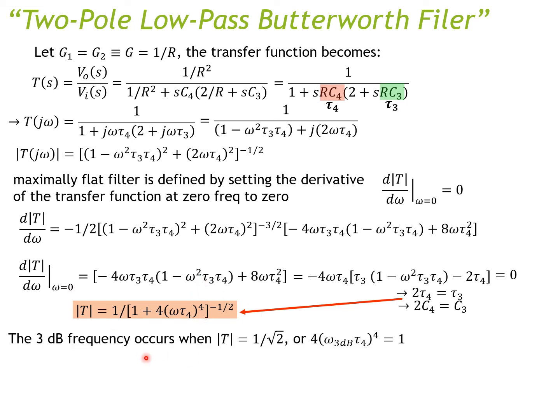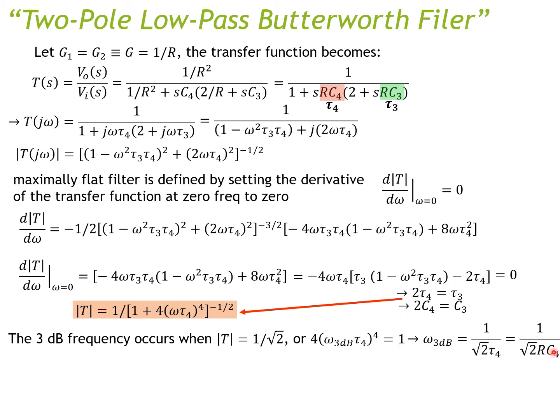Anyway, let's move on quickly so we can get to the important part. The corner frequency occurs when this whole number becomes 1 over square root of 2, or when 4 times (omega 3 dB multiplied by tau 4) to the 4 equals 1.